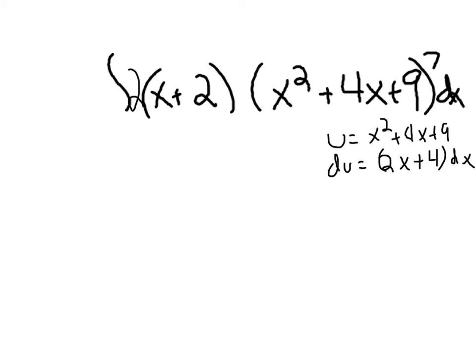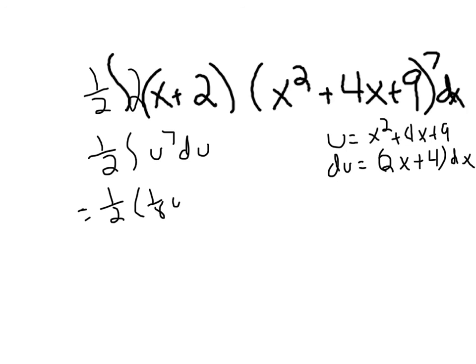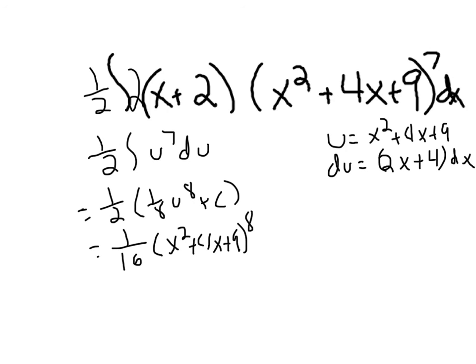So if I multiply the integrand by 2 and the outside of the integral by 1/2, I have 1/2 the integral of u to the 7th du, which is 1/2 times 1/8 u to the 8th plus c, or 1/16 times x squared plus 4x plus 9 to the 8th plus c.